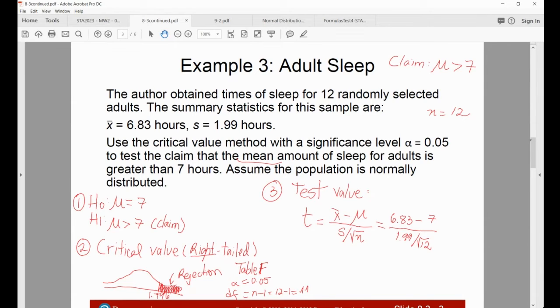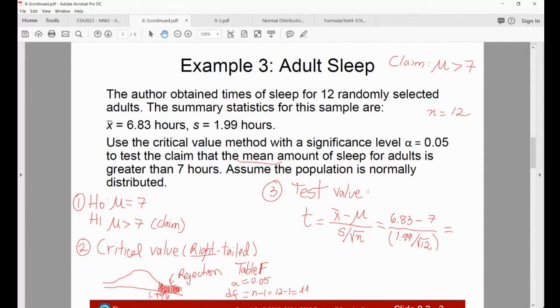Now remember that to use your calculator, you need to use parentheses on the denominator. If you want, you can use parentheses also in the numerator, or just write 6.83 minus 7 and then click enter or equal. Then you press the division, open parentheses, 1.99 divided by the square root of 12, close parentheses. So what did you obtain?